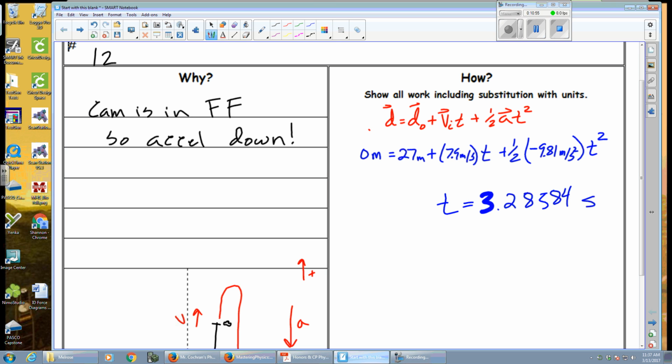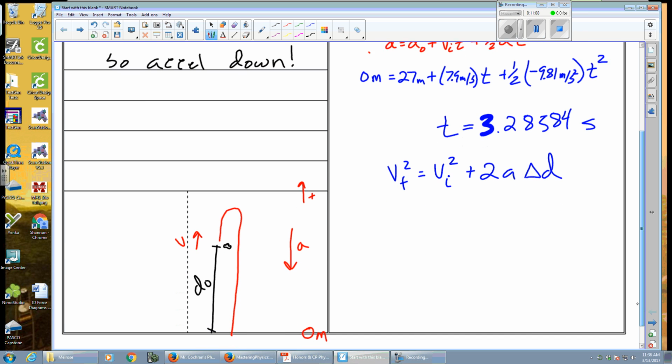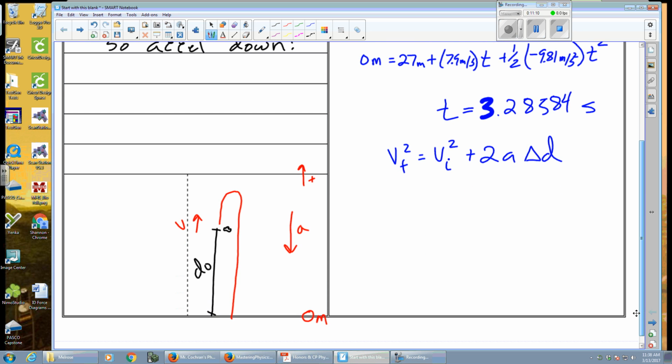So I'm going to use V final squared equals V initial squared plus 2A delta D. So the final velocity squared is the initial velocity squared plus 2 times the acceleration times the displacement. Right?